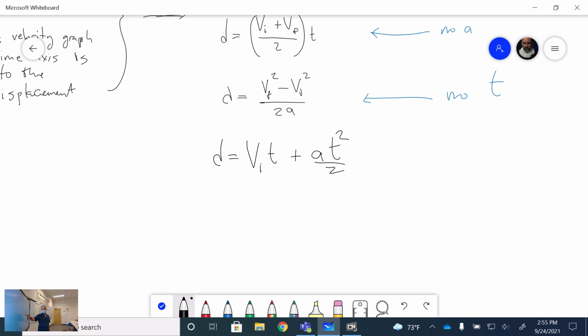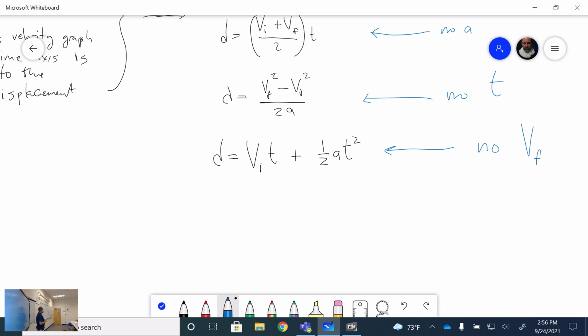Sometimes this is written with the 2 out front as 1/2. It is exactly the same thing. I'm going to write it as 1/2 a t squared, and I'm gonna editorialize over here and say this has no v final.